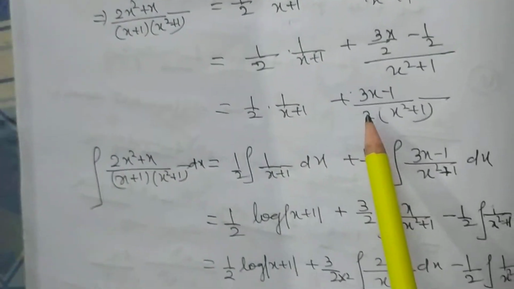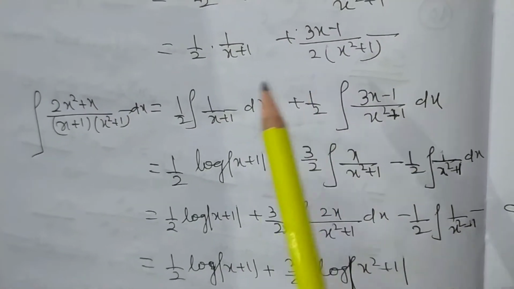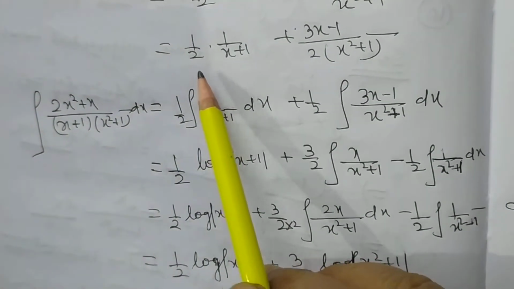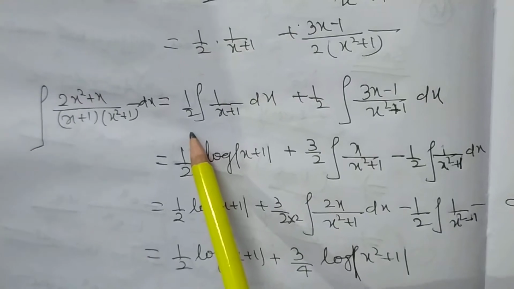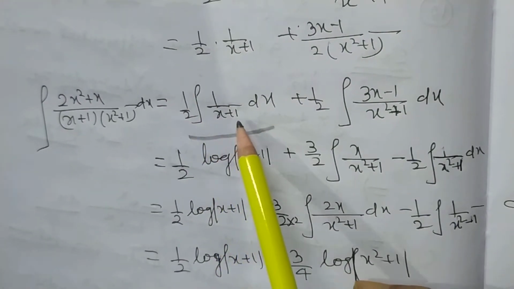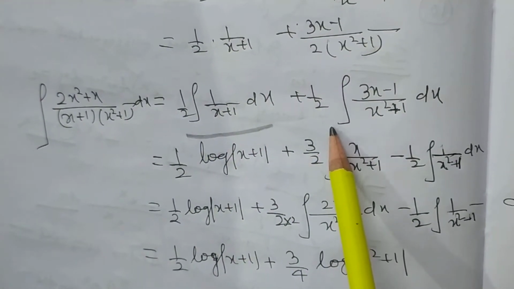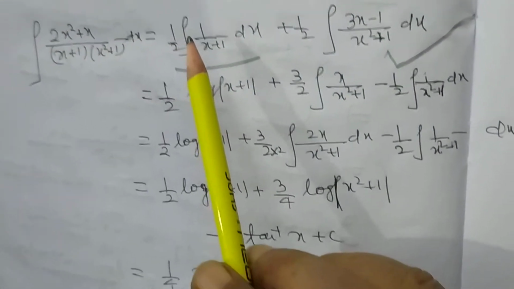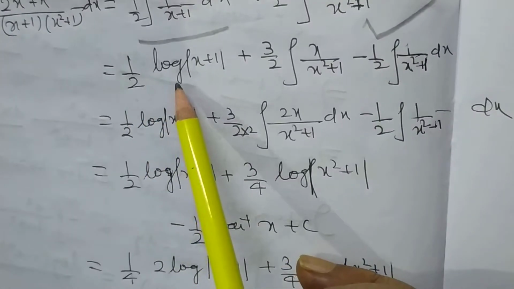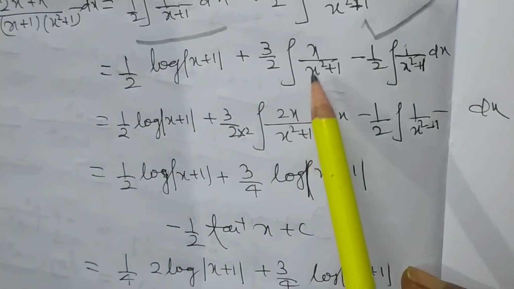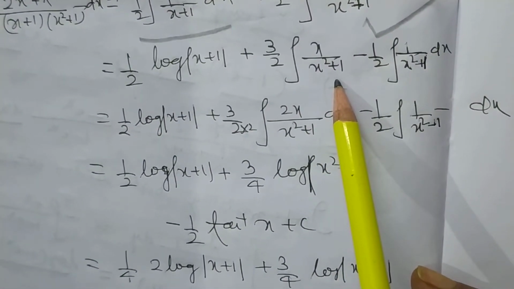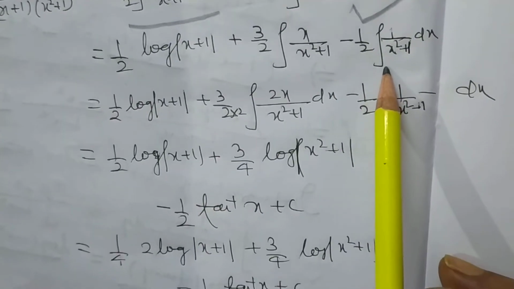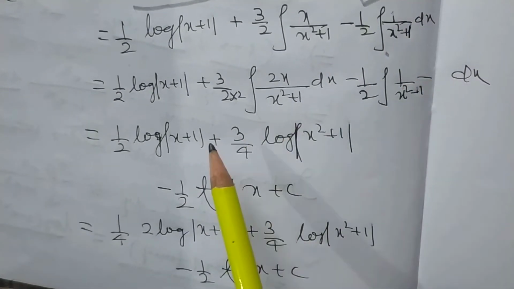After solving it is (3x − 1)/(2(x² + 1)) dx and 1/2 × 1/(x + 1) dx. After integration it will be 1/2 log|x + 1| + 3/2 ∫x/(x² + 1) dx − 1/2 ∫1/(x² + 1) dx.